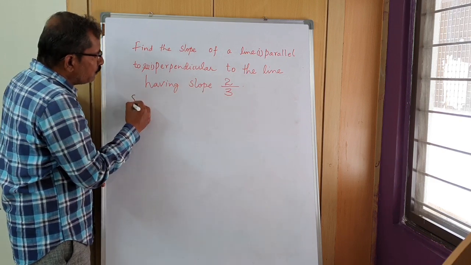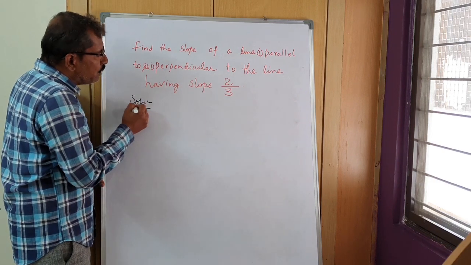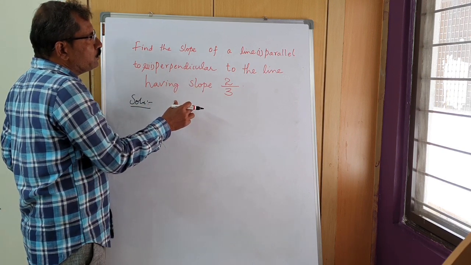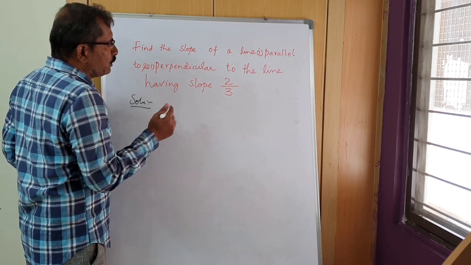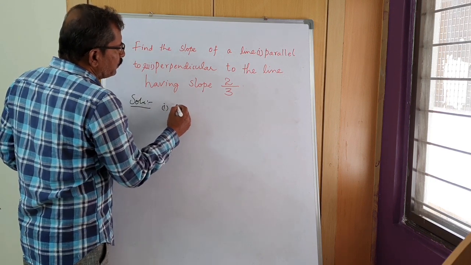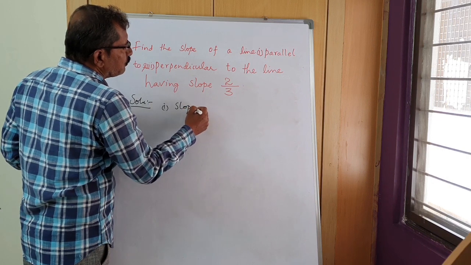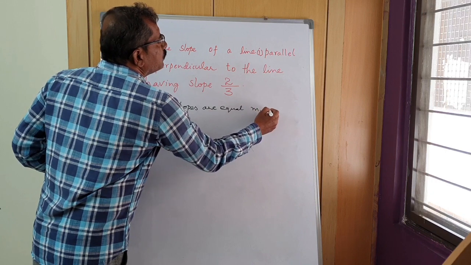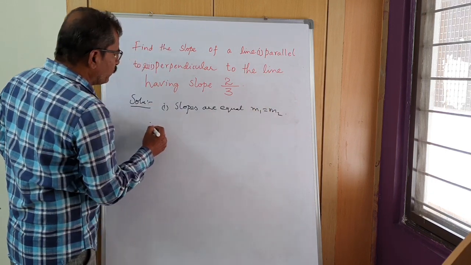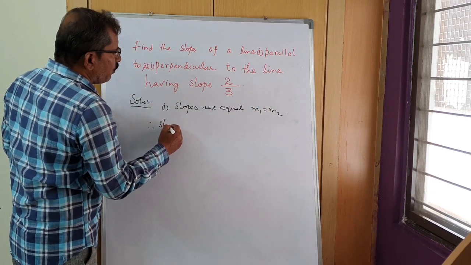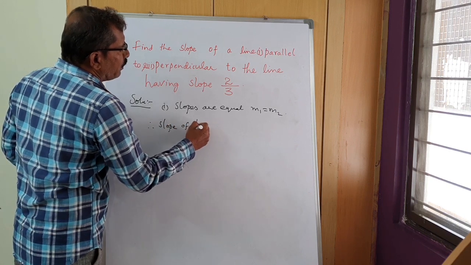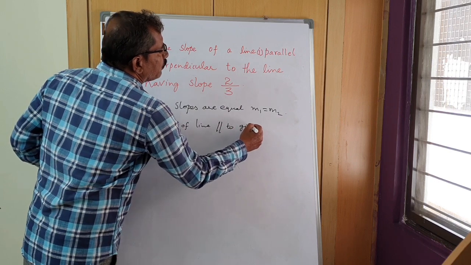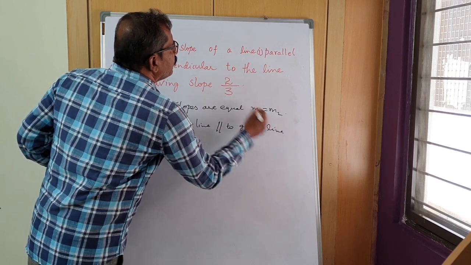The slopes of lines parallel to each other are equal. So for the first one, the slopes are equal, that means m1 is equal to m2. Therefore, the slope of a line parallel to the given line is the same, that is 2 by 3.